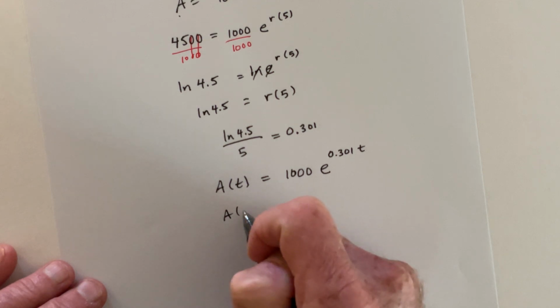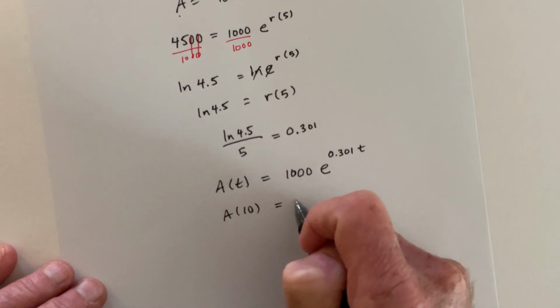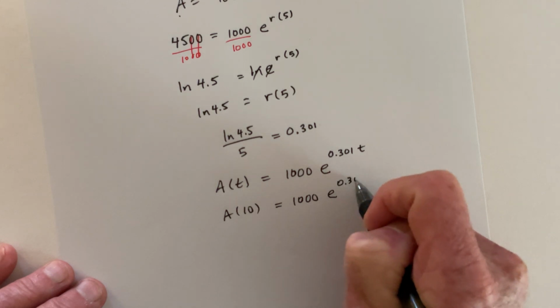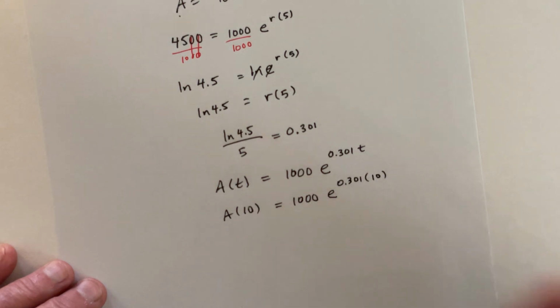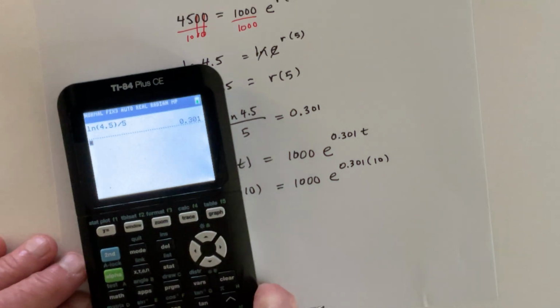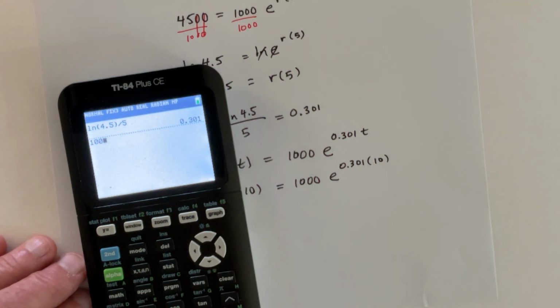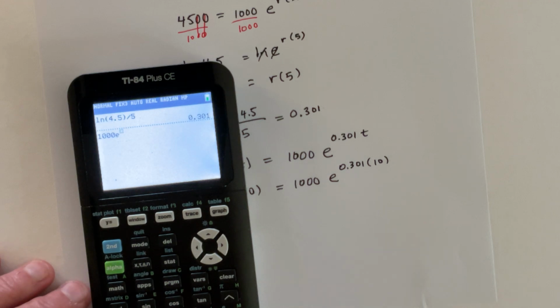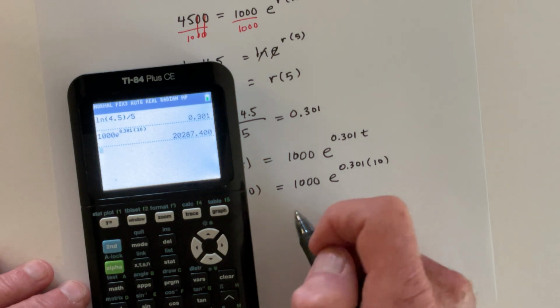So when you plug in a 10, it's going to be 1,000 e to the 0.301 times 10. Oh my goodness.